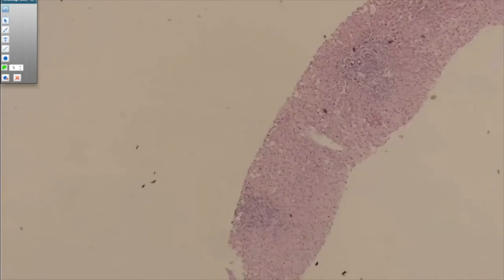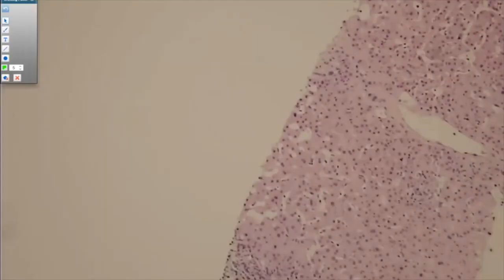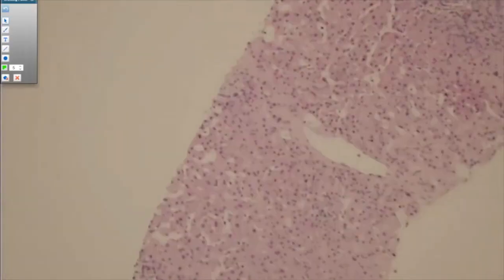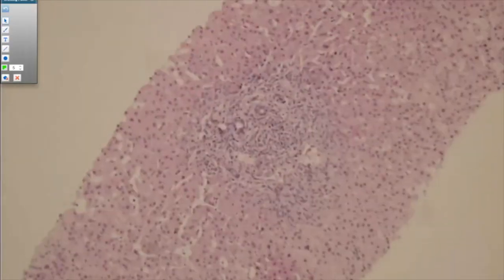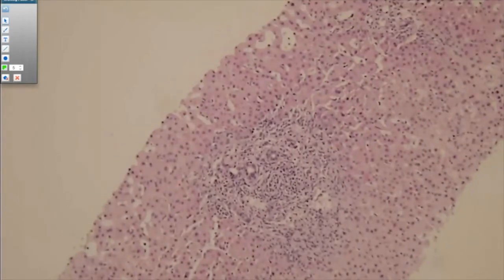So this is a typical example of moderate acute cellular rejection. When you look at the portal triad, you can see inflammation everywhere. For acute cellular rejection, we have to evaluate 3 histologic findings: 1, portal inflammation; 2, endotheliitis, another name venulitis; and 3, bile duct injury.